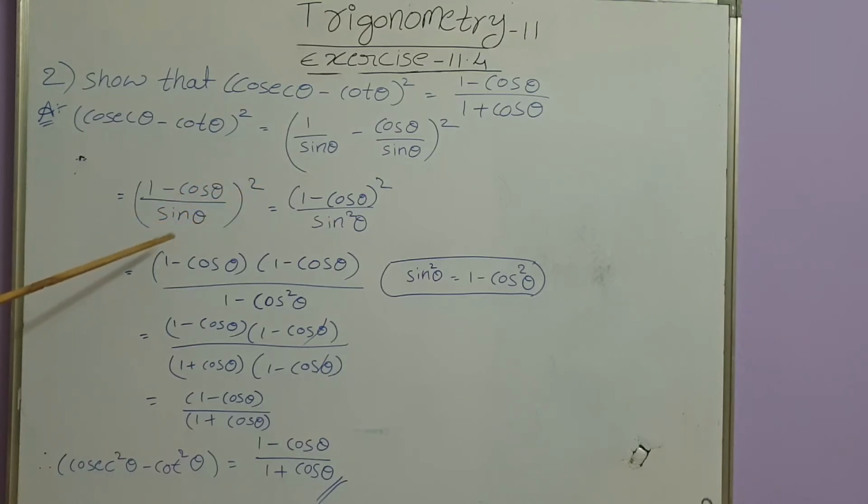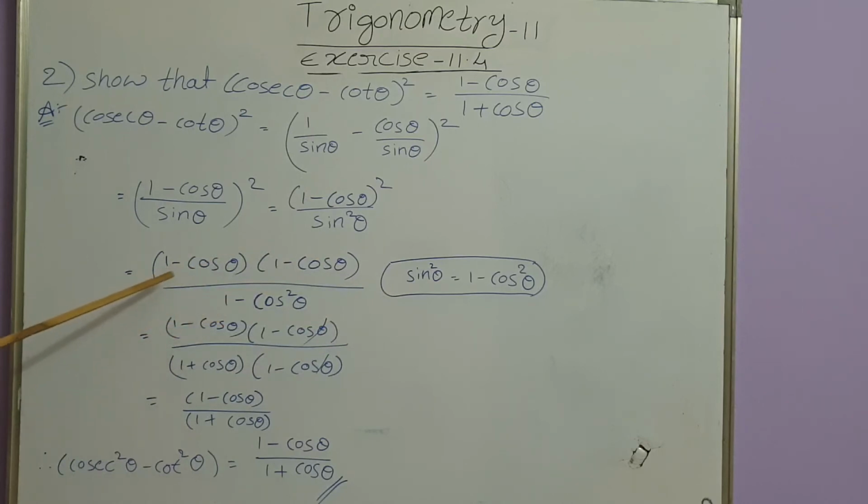Take denominator sin theta. (1 minus cos theta) whole square is equal to, here separate numerator and denominator, (1 minus cos theta) whole square by sin square theta. We know that sin square theta plus cos square theta is equal to 1.